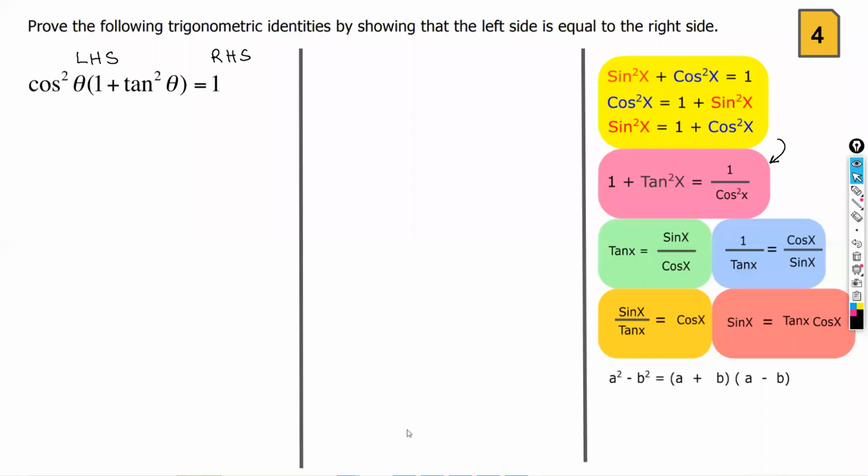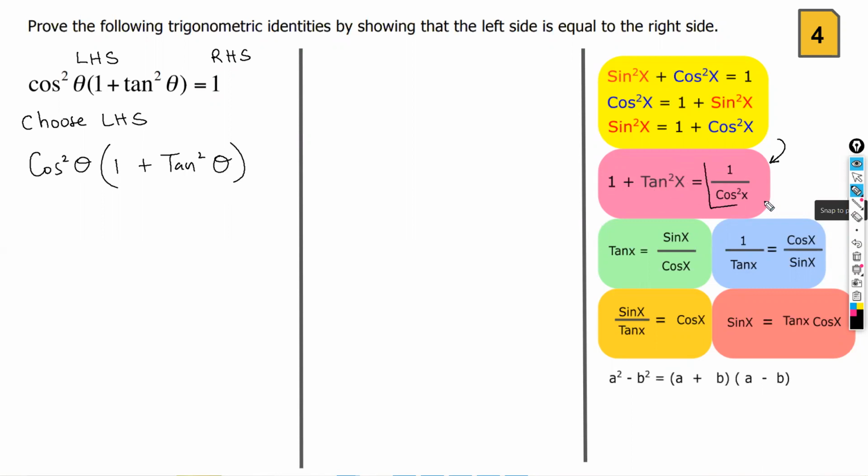Now, the easy way to do this question. We're choosing the left-hand side, so we let the examiner know which side we're choosing. So we have cos squared theta, open brackets, 1 plus tan squared theta. Now we see from this pink rule here that 1 plus tan squared is the same thing as 1 divided by cos squared.